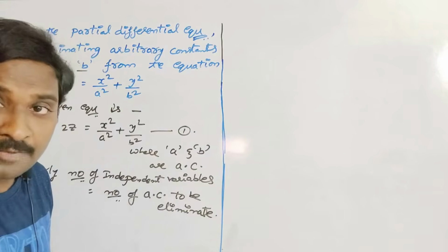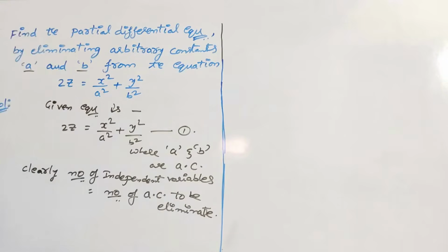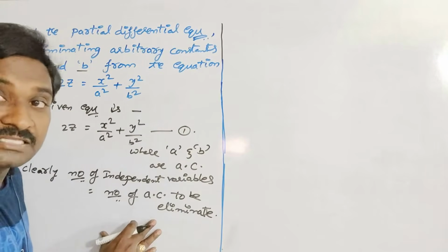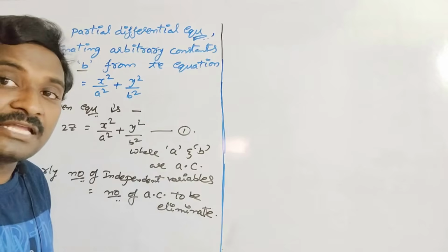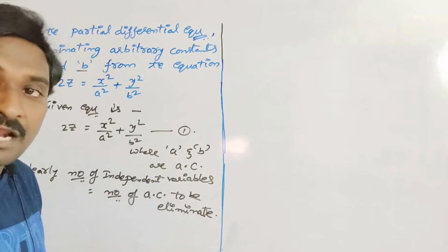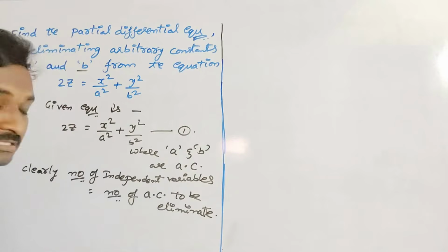Don't take higher order partial derivatives. Suppose the number of independent variables is less than the number of arbitrary constants, then we have to apply first order and second order partial derivatives also. You have to use higher order partial derivatives in that case.